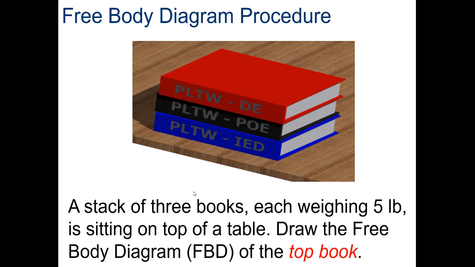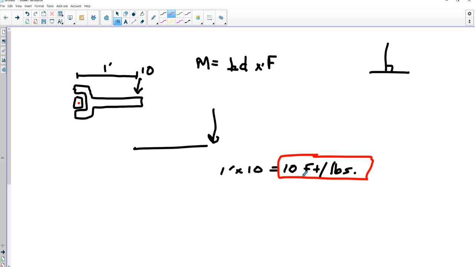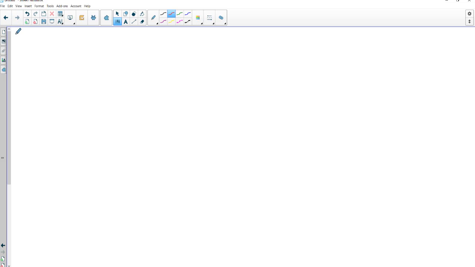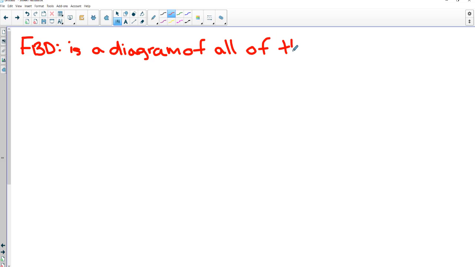An important note to take with free body diagrams is that a free body diagram is a diagram of all of the forces acting upon a given object.